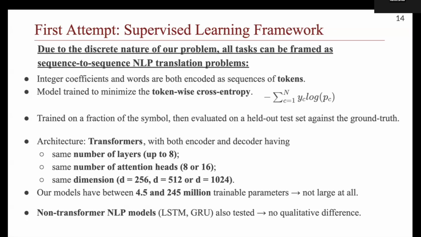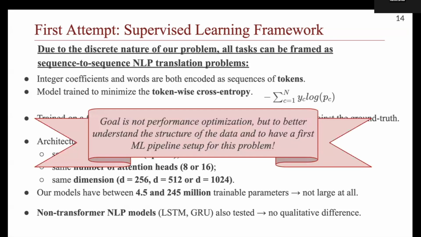Indeed, we tried many other non-transformer NLP models, and they don't give any qualitatively different results. So again, the key thing we want is not performance optimization for this problem. Indeed, what we want to do is better understand the underlying structure of the data, and to have at least a first machine learning pipeline set up for this new problem.